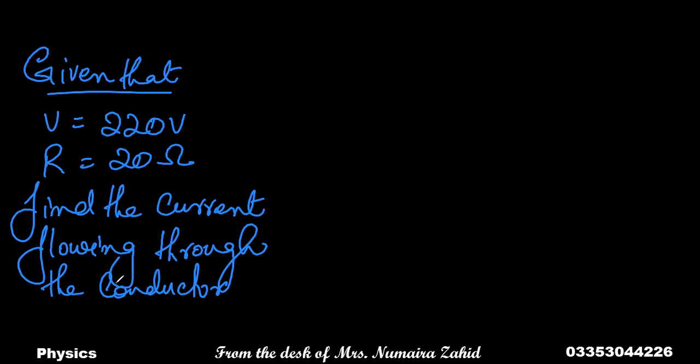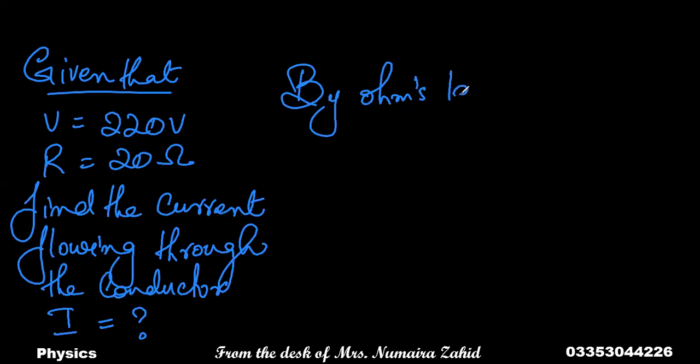So we have I is equal to question mark. By Ohm's law, V is equal to IR. Here we have V as 220 volts and R as 20 ohms, but we need to find I.